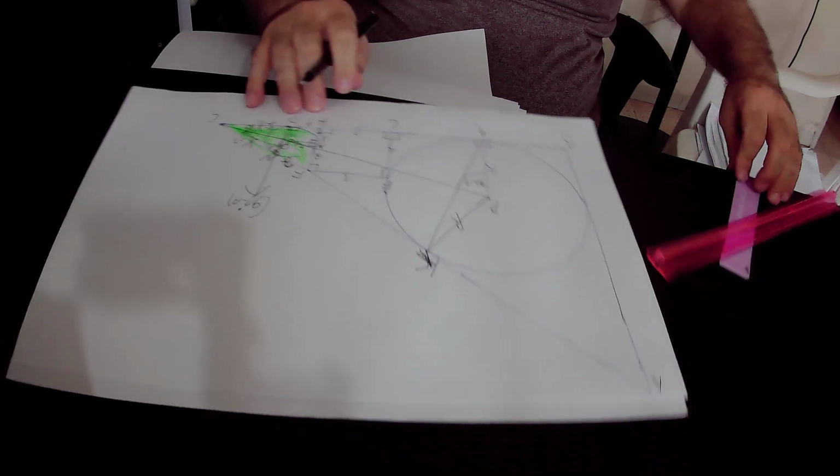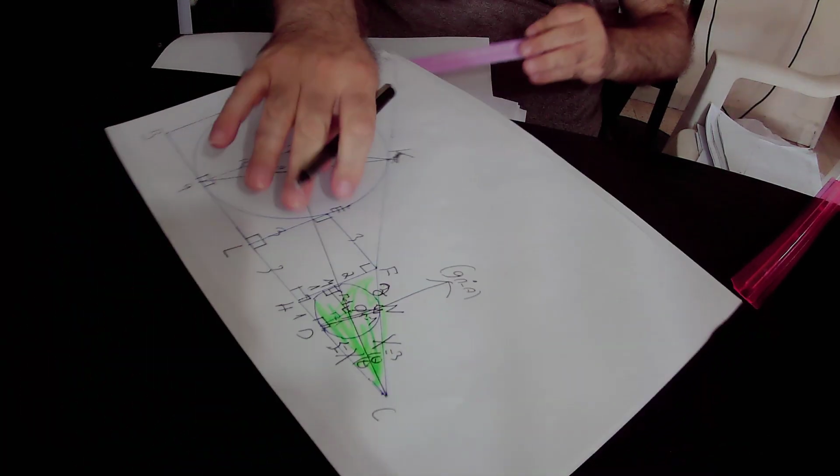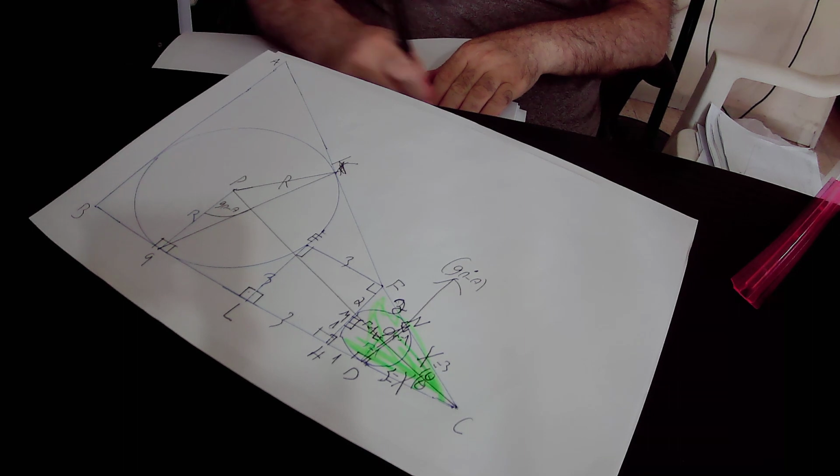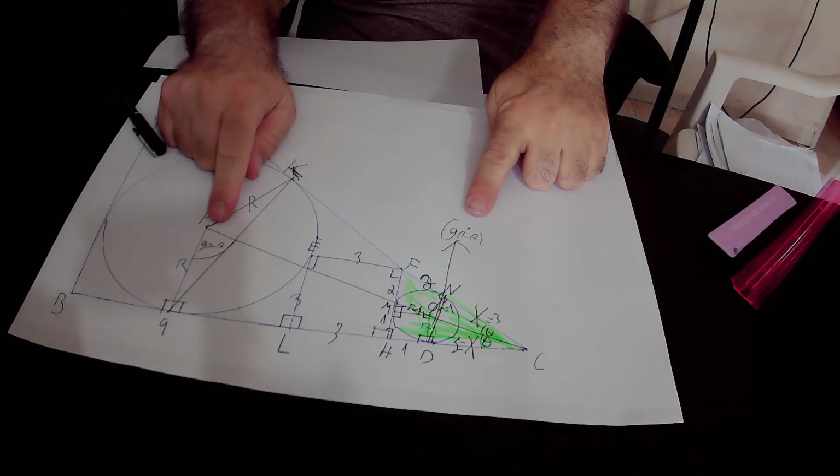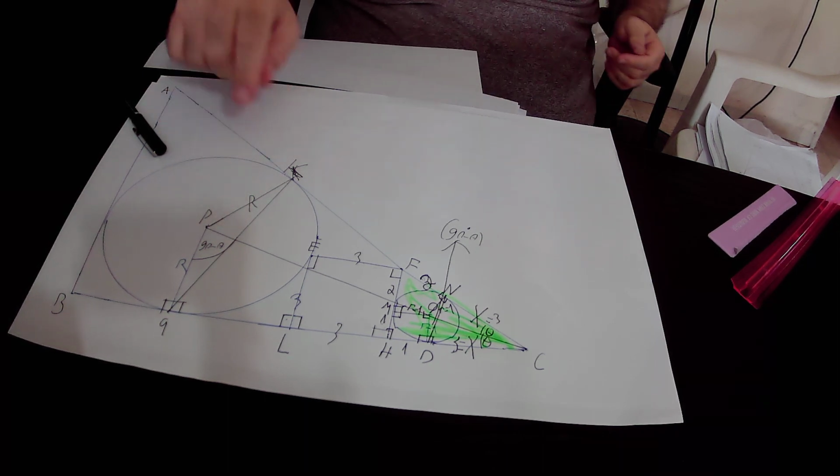So why are those two triangles similar to each other? First of all, we just found out that those two angles are both equal to 90 degrees minus theta, therefore they are equal to each other.